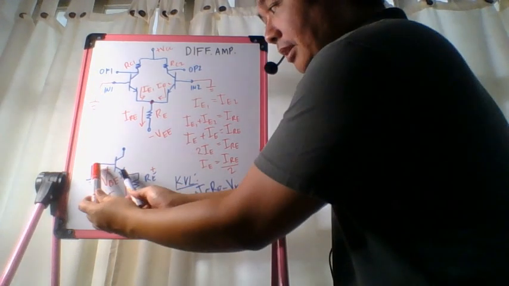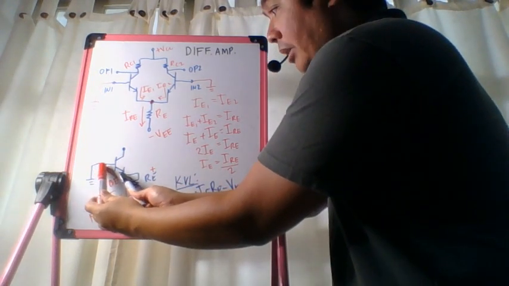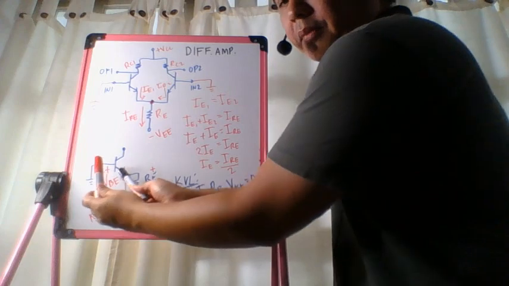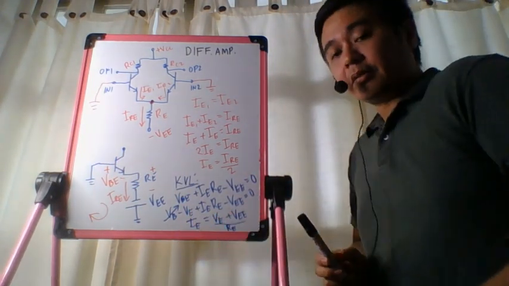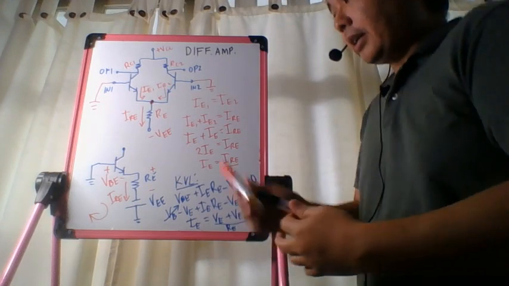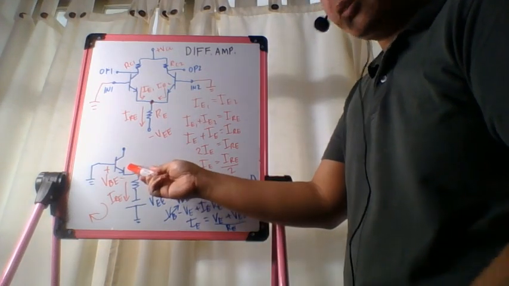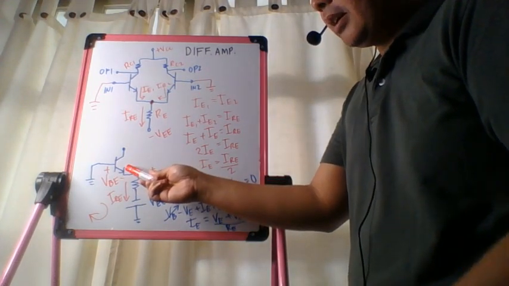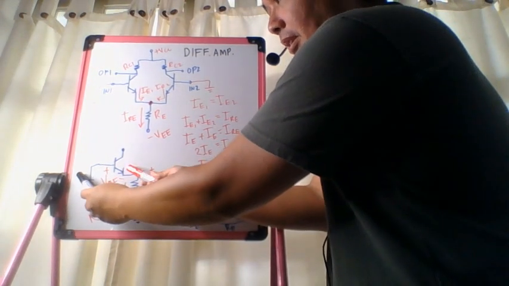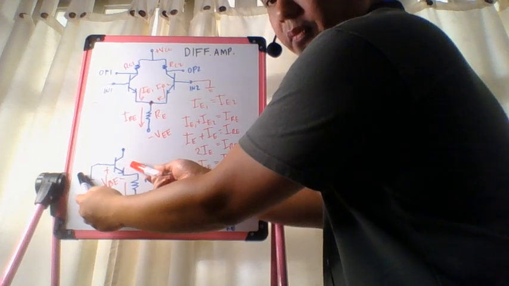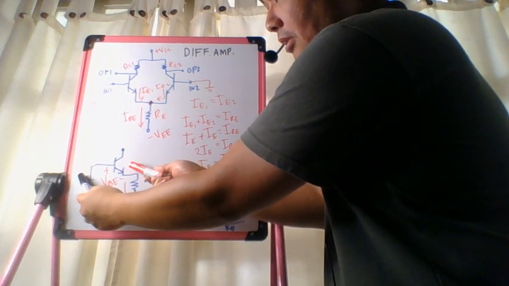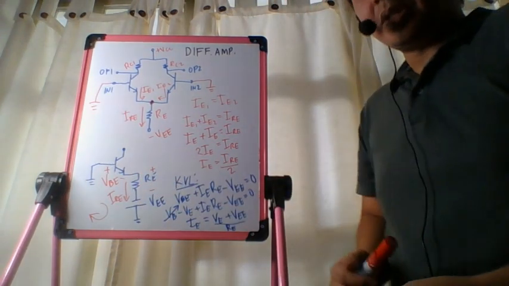So pag measure natin ganyan, we will more likely have a 0.7 volt potential. But what if we measure it from the emitter terminal? So maglalagay tayo ngayon, nandito yung ating positive test lead, and then nandito yung ating negative test lead. So this is essentially VE or the emitter voltage. Now this is equal to 0.7 volt.